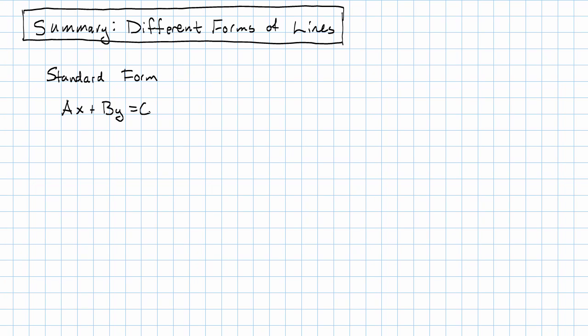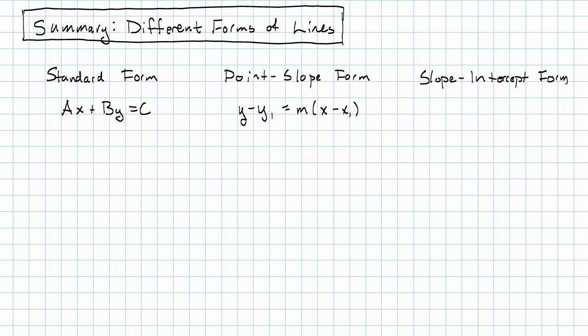We've met the point-slope form, which looks like y minus y1 equals m times x minus x1. And we've met the slope-intercept form, which looks like y equals mx plus b.